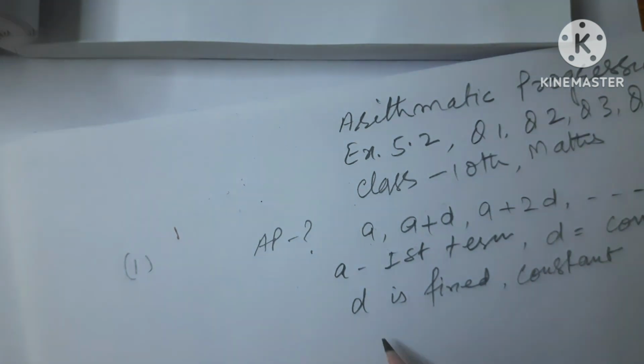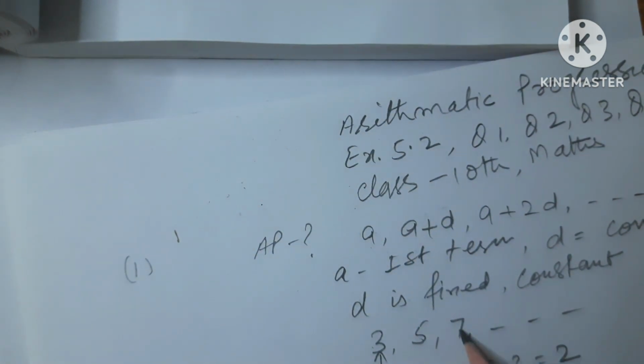For example, if I write 3, 5, 7 and so on, the first term is a, and d would be this term minus this term, 5 minus 3, which is equal to 2.